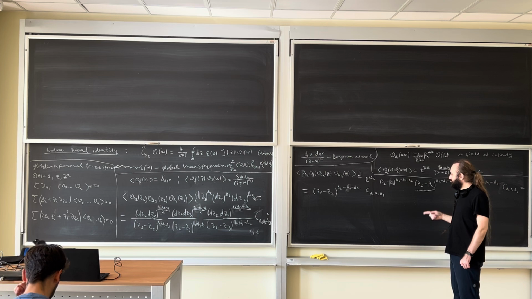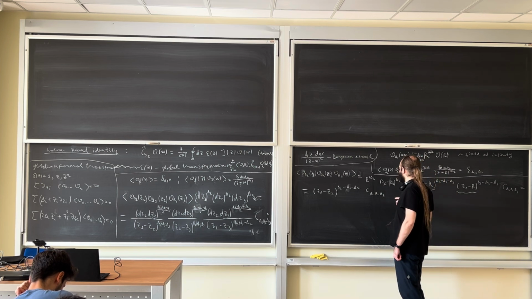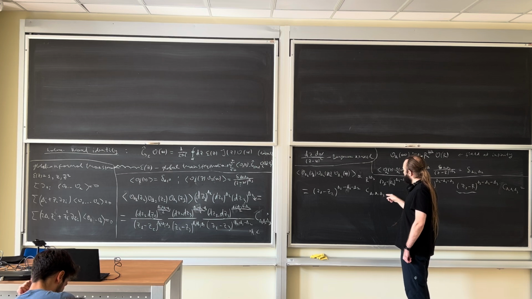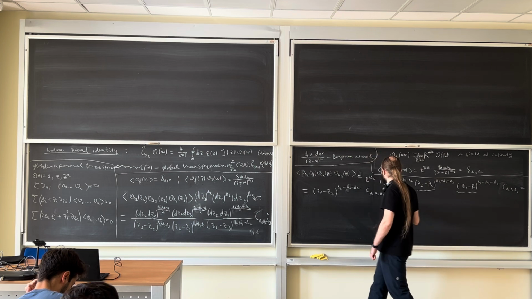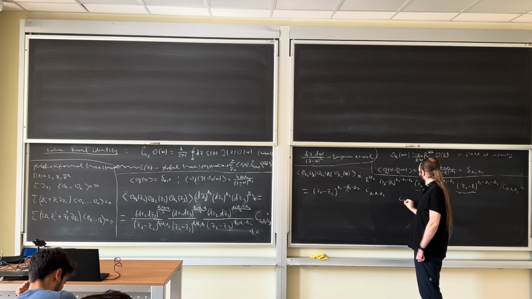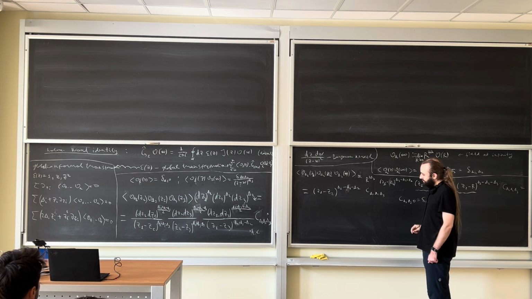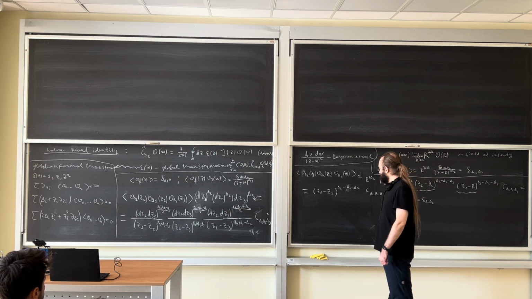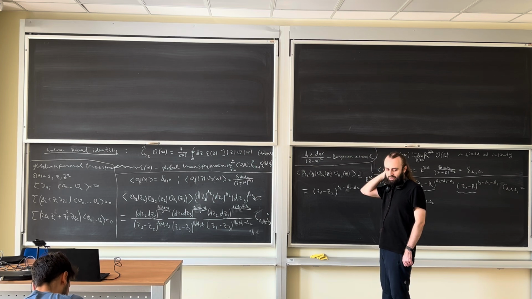Also there is a constraint that this three-point function should turn into a Kronecker delta when one of these dimensions is 0. Are there questions about this?